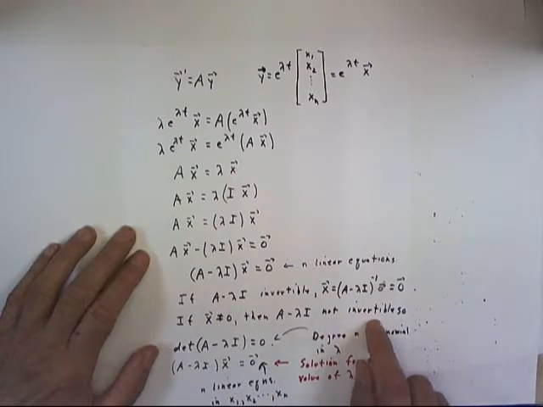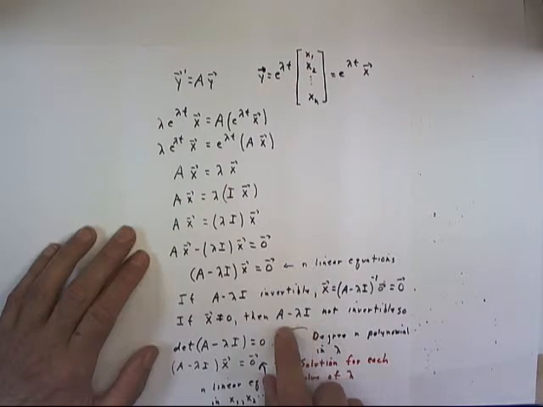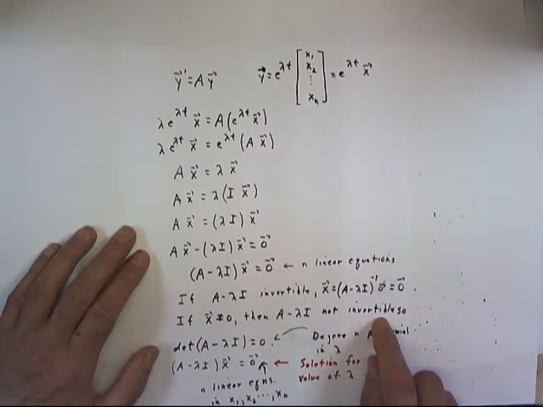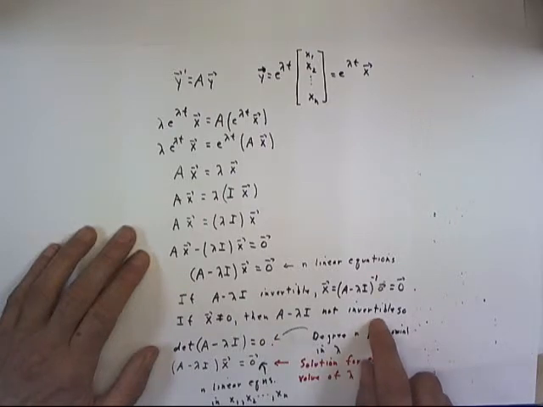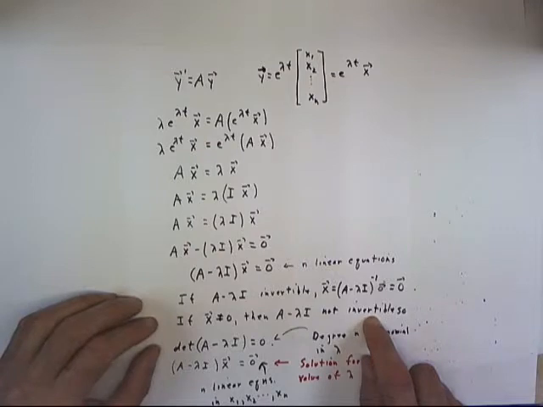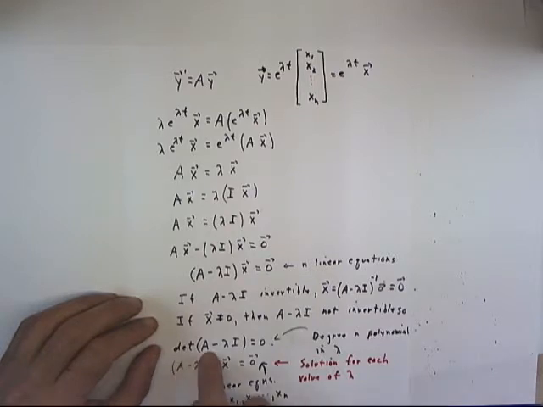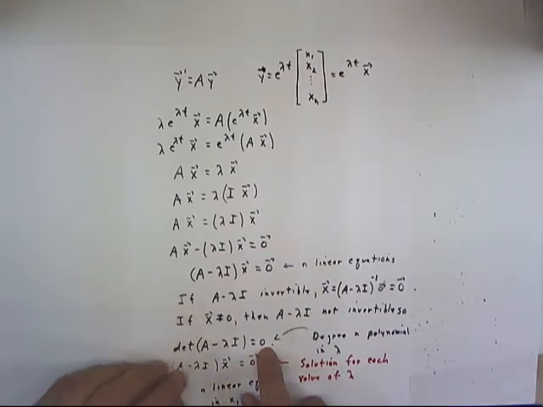A matrix is invertible if and only if its determinant is non-zero, which means that the matrix is non-invertible provided its determinant is equal to 0.